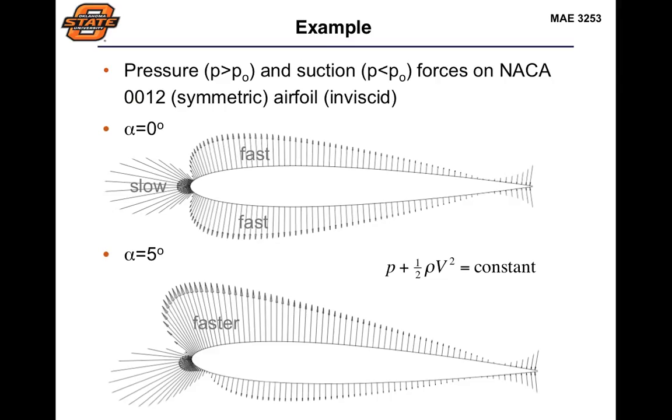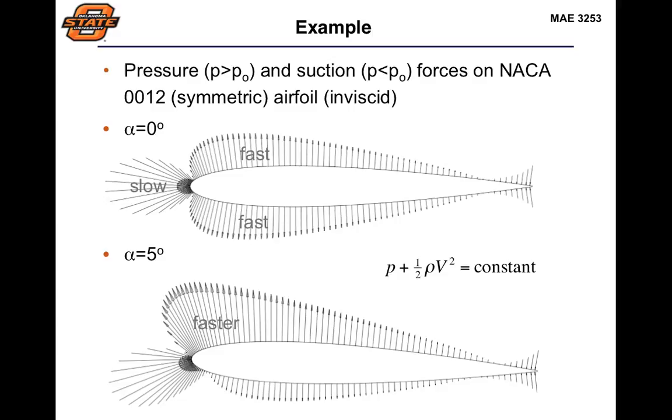So here's an example of what that pressure field might look like, and these are both GWiz graphics coming out of XFOIL. So you can see for this particular NACA 0012 airfoil, which is symmetric, at that 0 angle of attack, which also in this case corresponds to the 0 lift angle of attack, we see a speed up over the top of the airfoil.